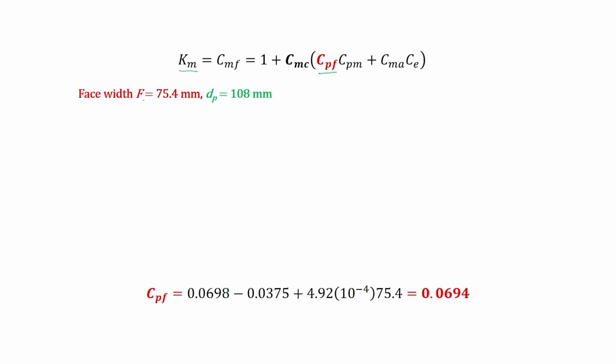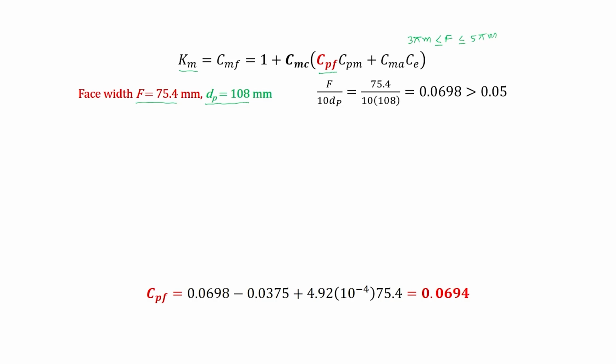It depends on the face width and the pitch circle diameter. The face width is 75.4, which is the mid range of the face width, because face width should be greater than or equal to 3 pi multiplied by module, and less than or equal to 5 pi module.